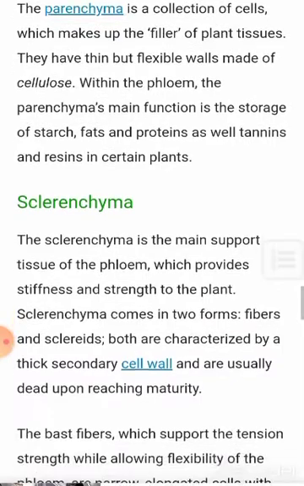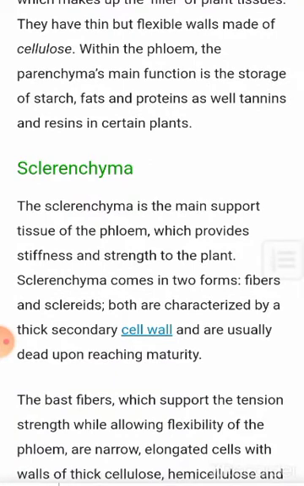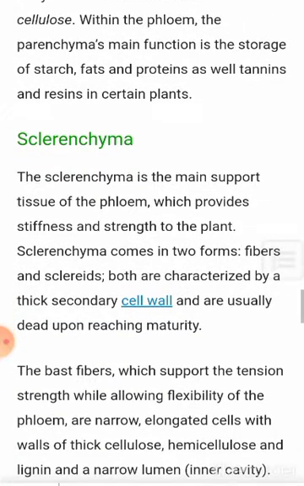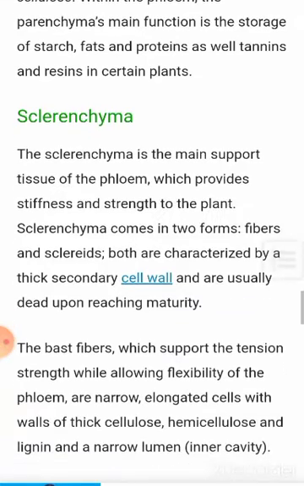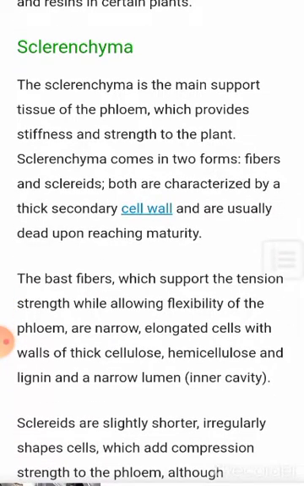You see the sclerenchyma is the main support tissue of the phloem, which provides stiffness and strength to the plant. Sclerenchyma comes in two forms, fibers and sclerites. Both are characterized by a thick secondary cell wall and are usually dead upon reaching maturity.